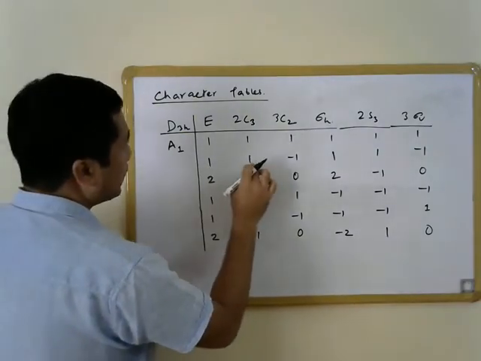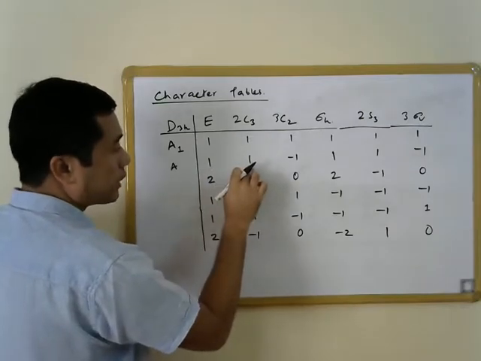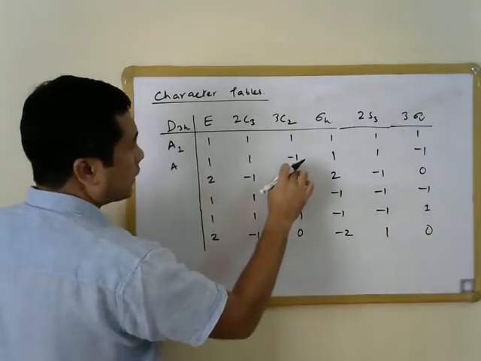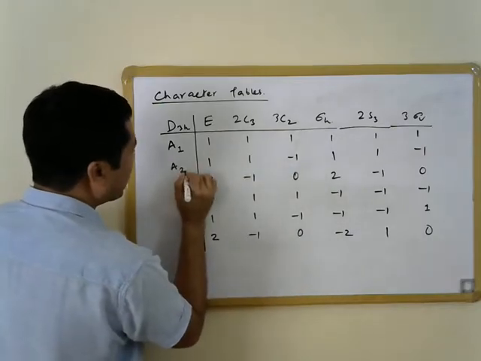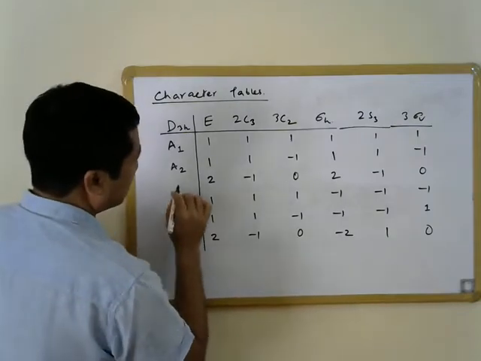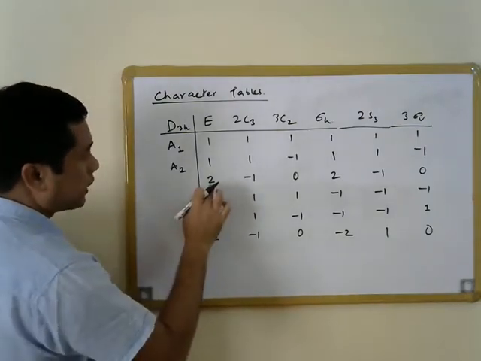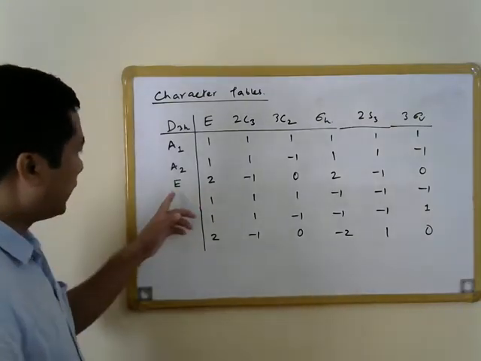And the second one is also A because it is symmetric with respect to C3 and it is anti-symmetric with respect to the C2 perpendicular to the C3, so it is an A2 notation we can write for this.